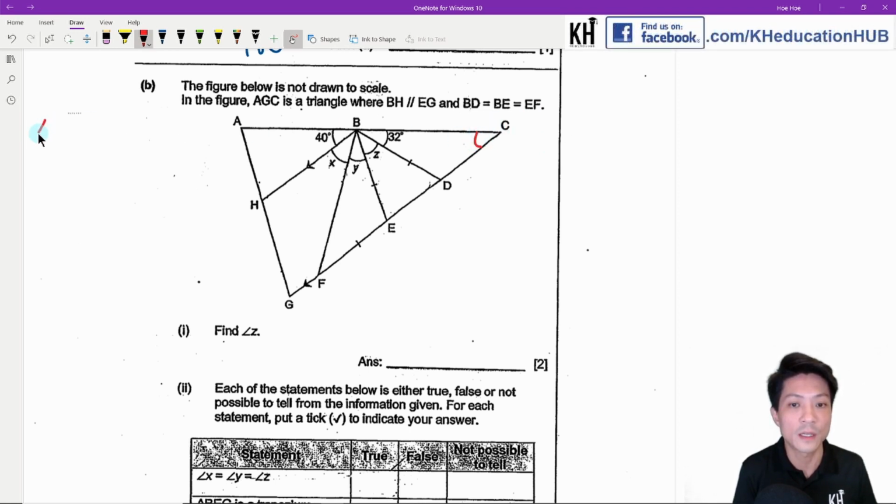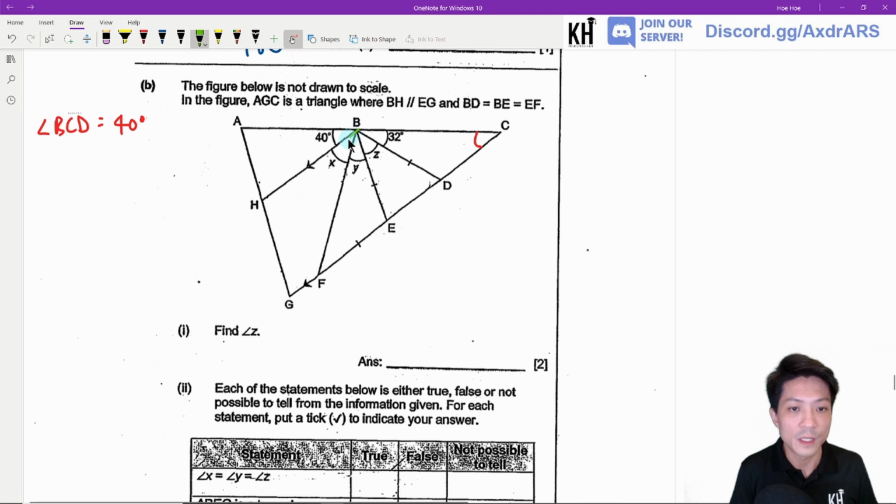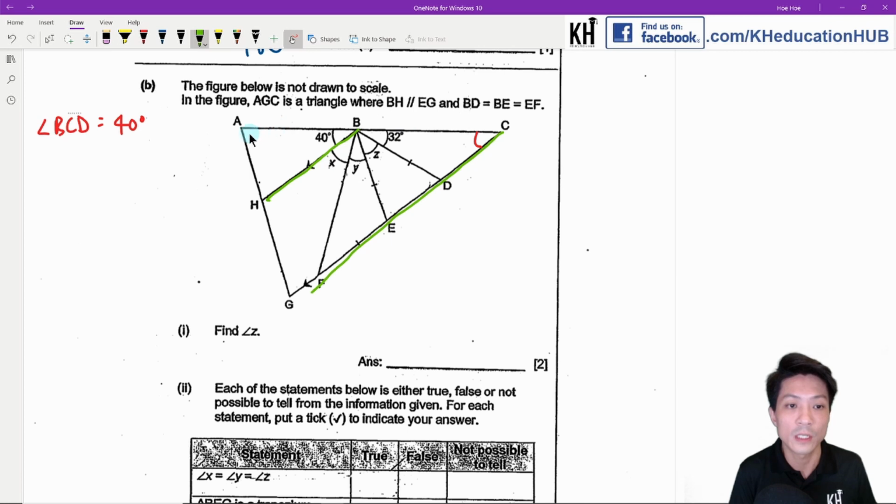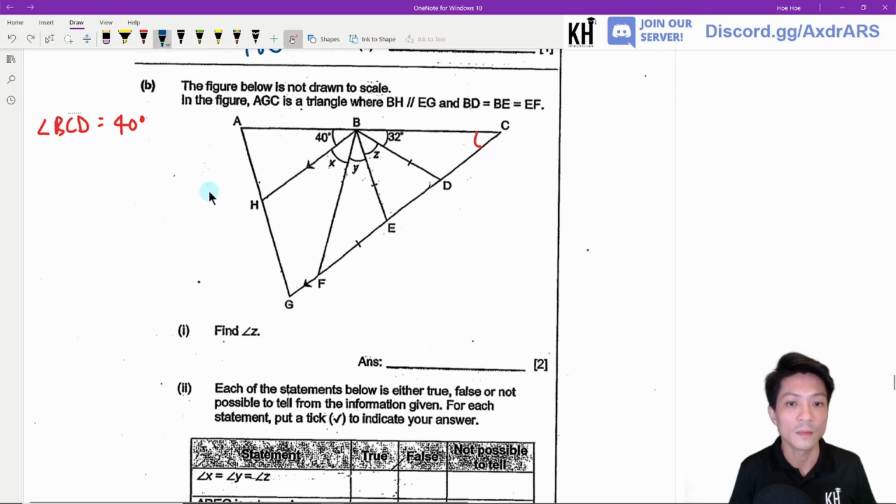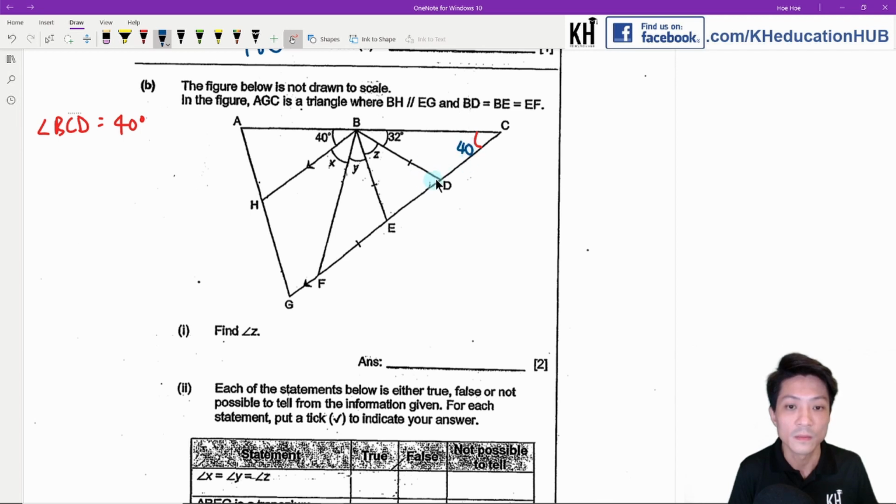The first angle we can find is angle BCD. Angle BCD is actually 40 degrees. If you can see the corresponding angle, this line and this line are parallel to each other, so this angle here is equal to this angle here. If you know that this is 40, I am going to be able to find this angle. I just need to use 40 plus 32.